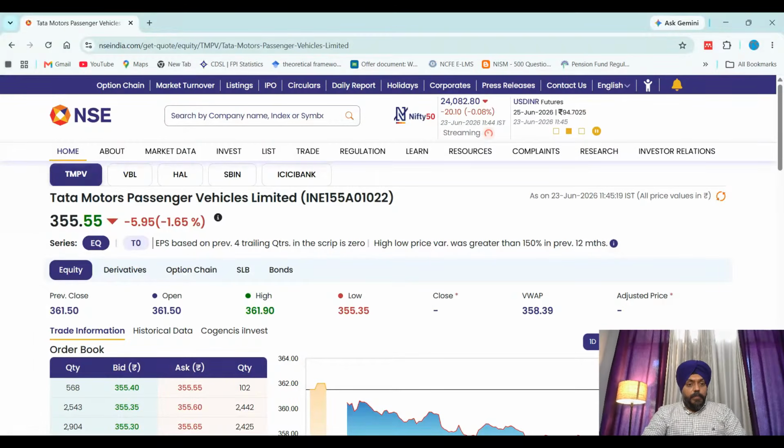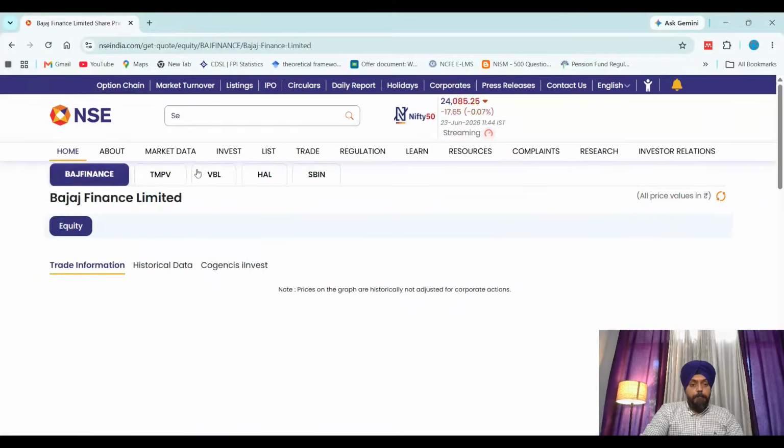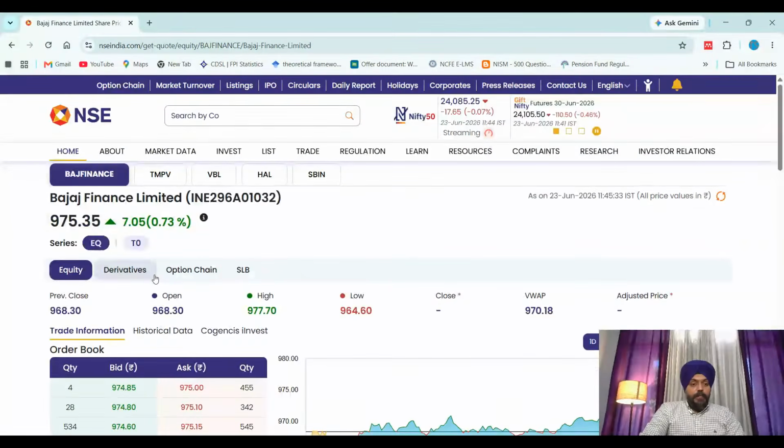Tata Motors passenger vehicles is down by 1.65%, not much of a difference, so I'm also leaving it. Next is Bajaj Finance. Again flat, 0.73% up, we are leaving it.